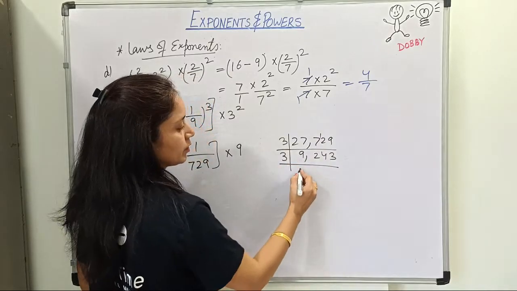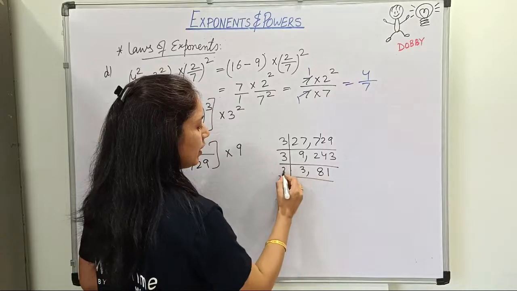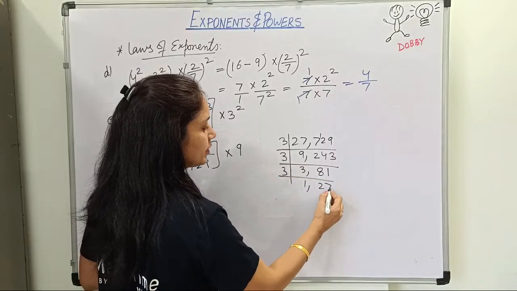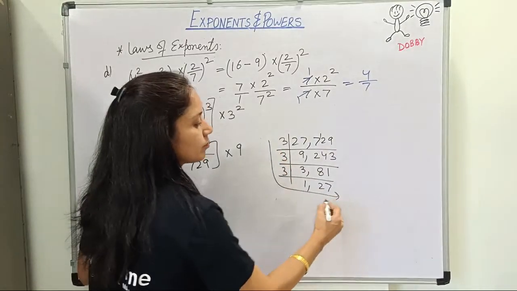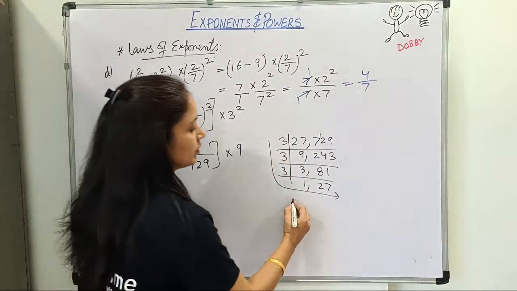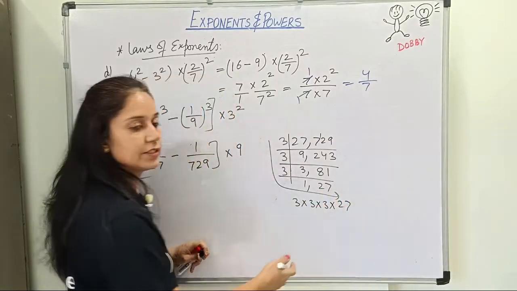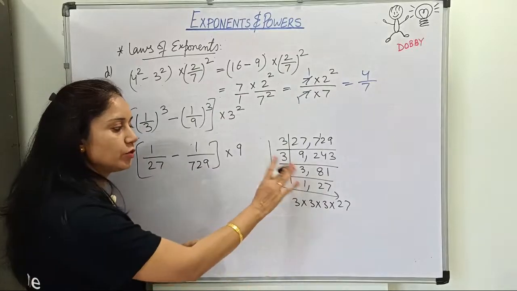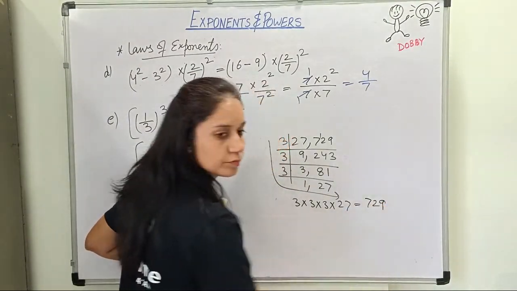Again 3. 3 threes are 9, 3 eights are 24 and 1. Again 3 ones are 3 and 27. LCM: 3 times 3 times 3 times 27. 27 is single. 1 and 27 have no common table, so you can leave it here. So LCM becomes 729.